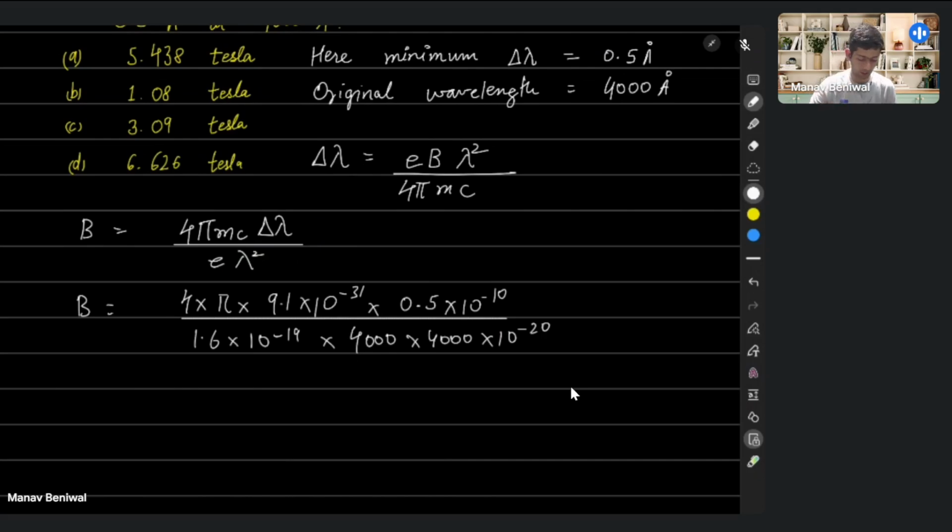So we can again collect all the powers of 10 together. This 4 times 0.5 is just 2, so this becomes 2 pi into 9.1, and this becomes 1.6 into, and then again let's write this as 16, and then let's collect the powers of 10.